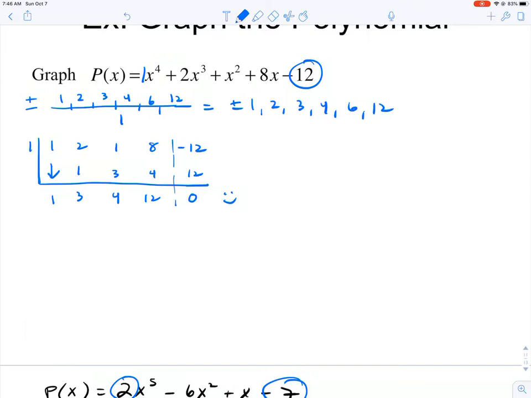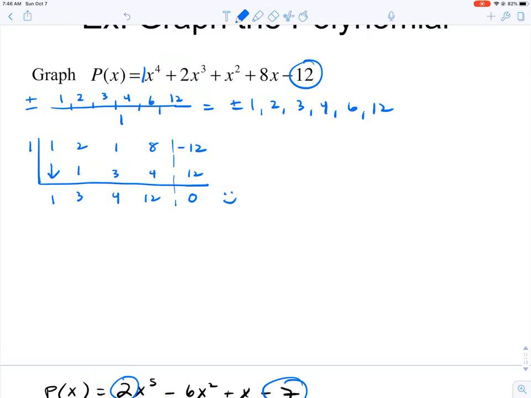Now, don't forget that you can have factors or zeros that have multiplicities other than 1, right? Remember, we can have repeated zeros or repeated roots. So sometimes if you go through your entire list of possible rational zeros and your polynomial is still not completely factored, you want to go back to one of the zeros that did work and test them again to see if maybe there's a repeated zero.